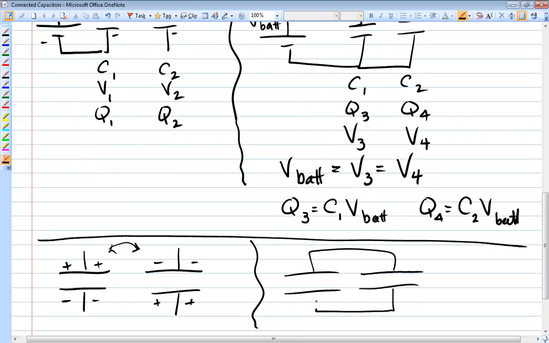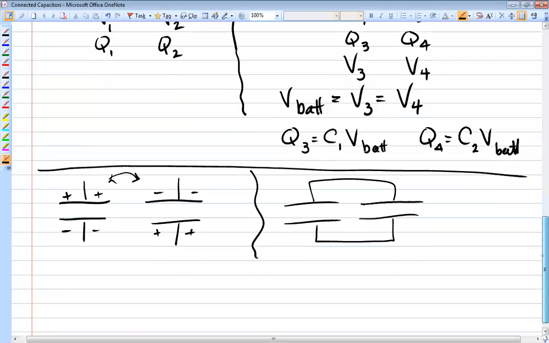Now, it depends which capacitor is bigger, which has more charge on it. Of course, the voltage and the charge are related to the capacitance, but whichever has more charge will negate. So let's assume Q1 is bigger than Q2.